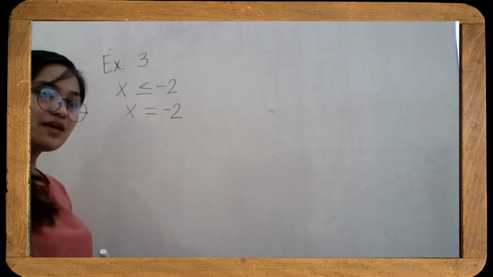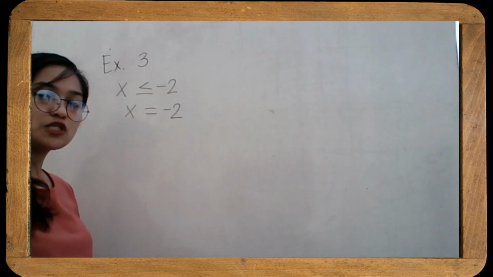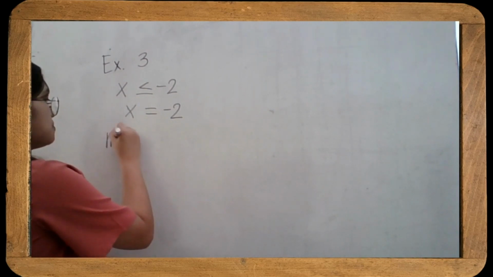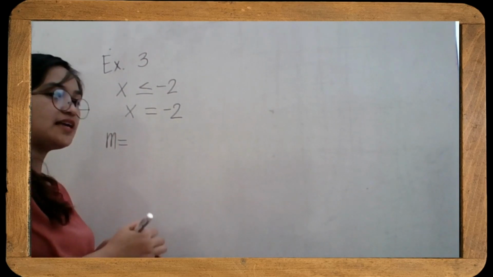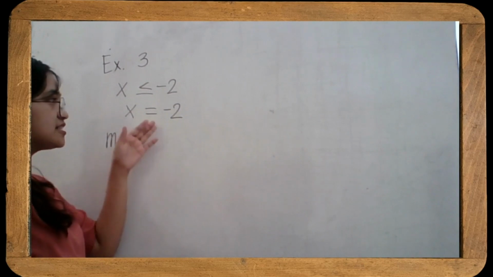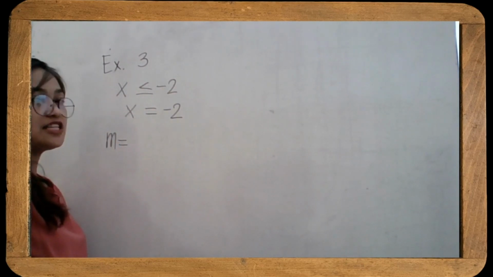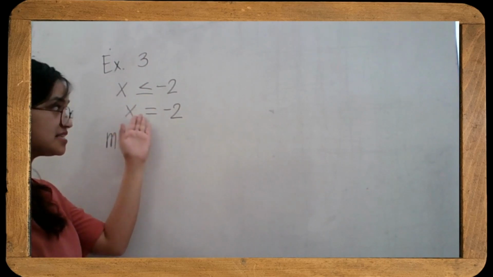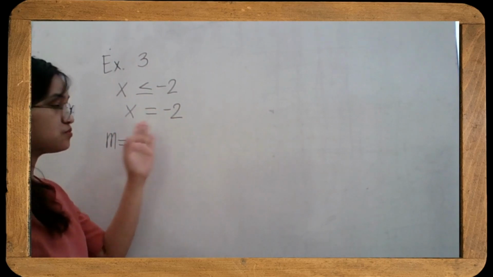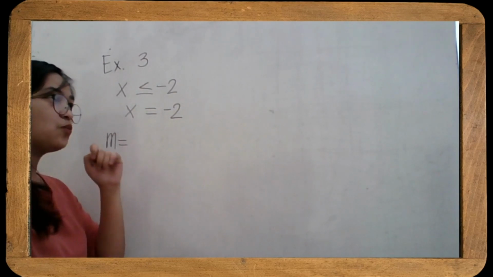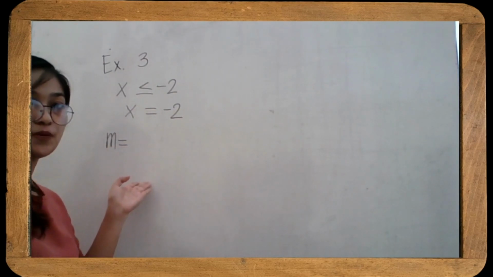Okay? Then the next step is for finding the slope and the y-intercept. So the slope must be, kung given na ang ating x-intercept, hindi y-intercept ha, x-intercept ang given. Kasi nga, x is equal to negative 2. So the m would be, kung kanina ang given ay y-intercept, the slope is 0.